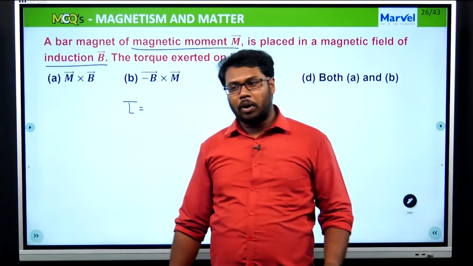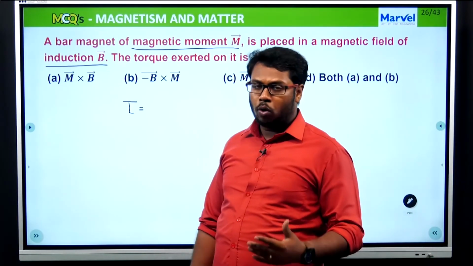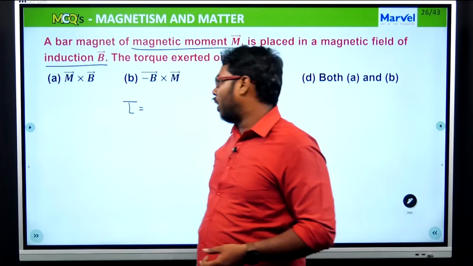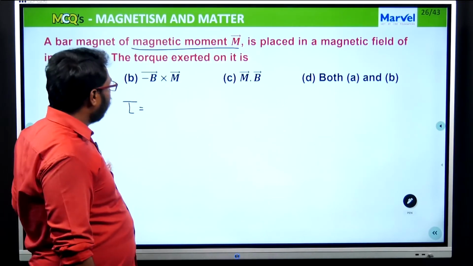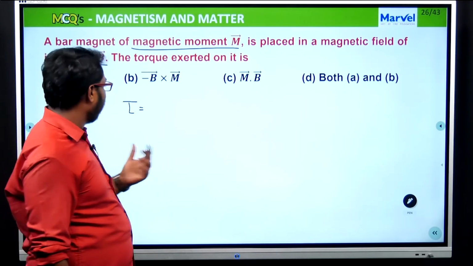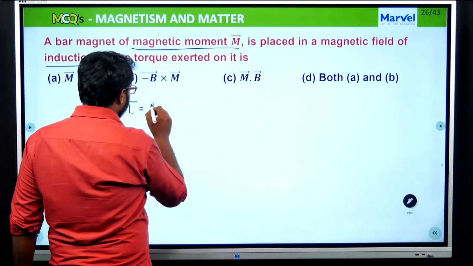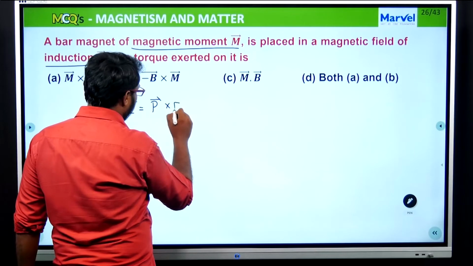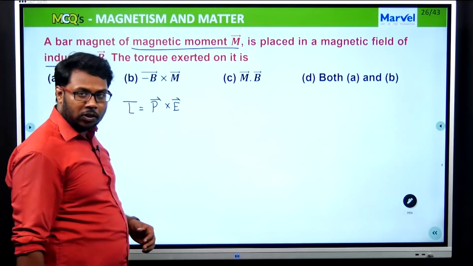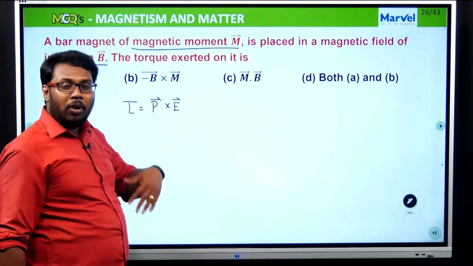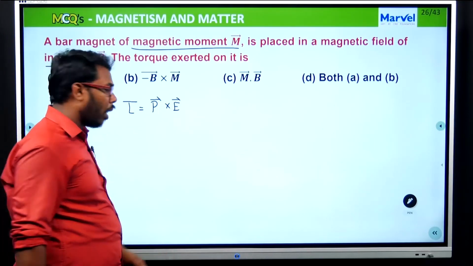So whatever we have derived in the electric field can be used again in the magnetic field. The expression for the torque in the electric field is P bar cross E bar, where P bar stands for the electric dipole moment and E stands for the electric field.